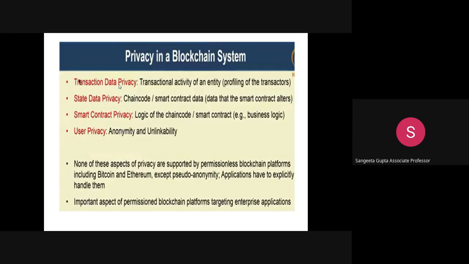So this transaction data privacy is associated in the same way, where the kind of actions or activities executed by a user will be defined based on their roles and responsibilities. Okay, in fact, any action or any execution which is carried out by the user is a transaction. So that will be cross-checked.